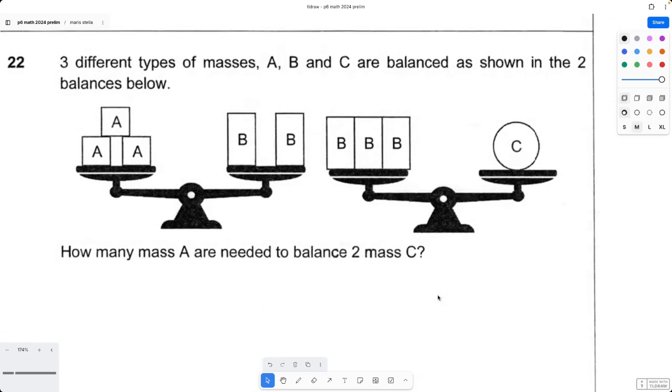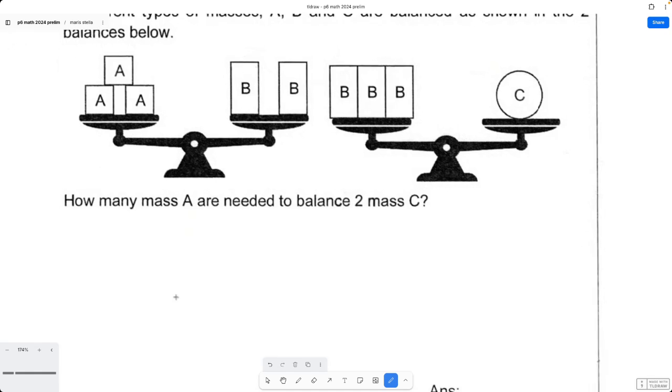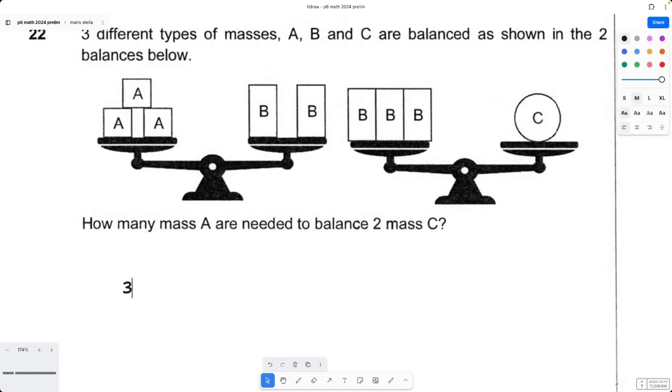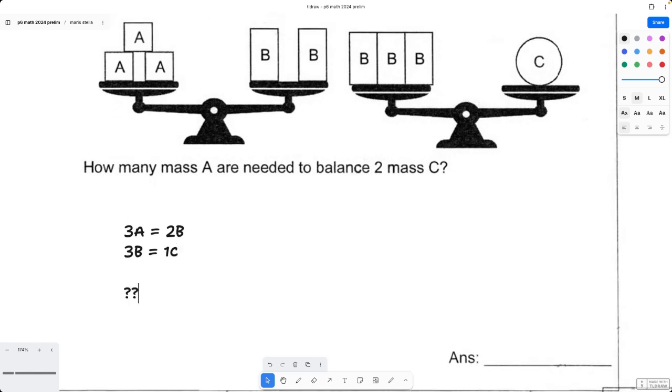Question 22. Three different types of masses A, B, C are balanced as shown in the two balances below. How many mass A are needed to balance two mass C? So 3A is equal to 2B, and 3B is equal to 1C. So how many A's is equal to 2C?